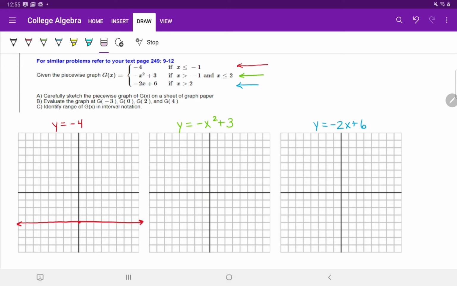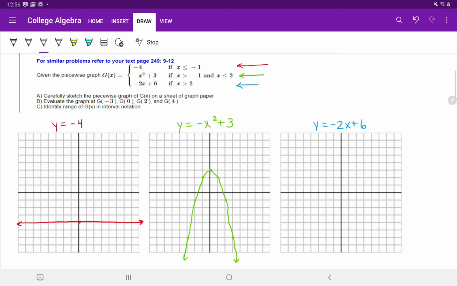So that would flip it upside down, and that would make our graph go through the point 0, 3. So then it would go down like this. And then, hold on, 1, 2, 3, 4, 5, 6, 7, 8, 9. I'm just counting this out to make sure I get my points in the right spot. So this is what -x² plus 3 looks like. That's a wobbly line, but close enough.